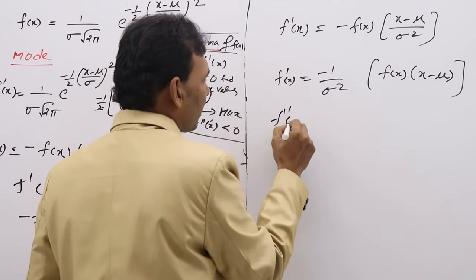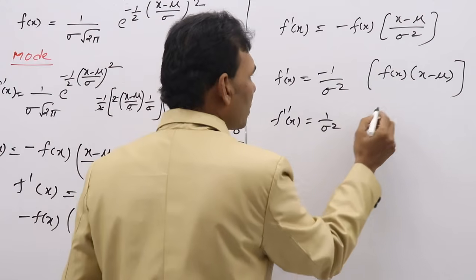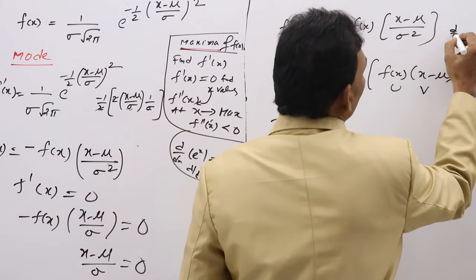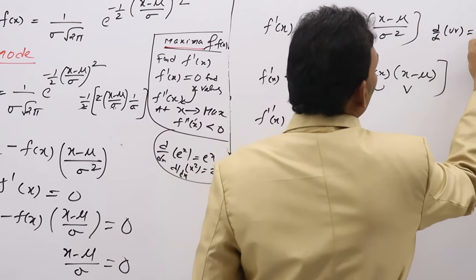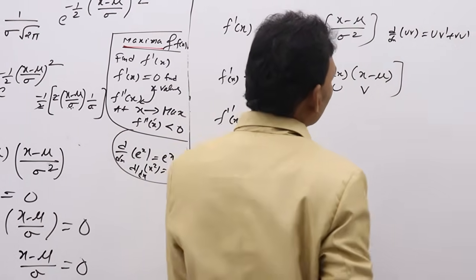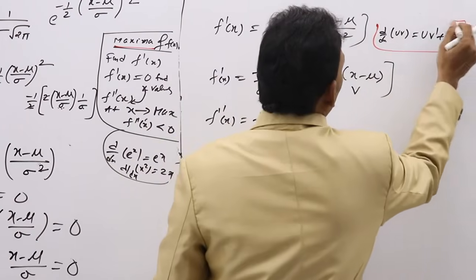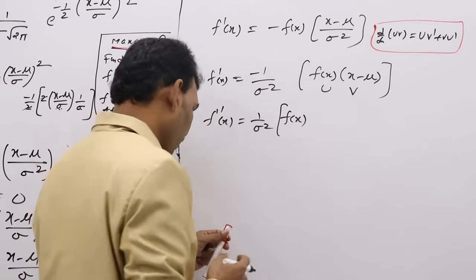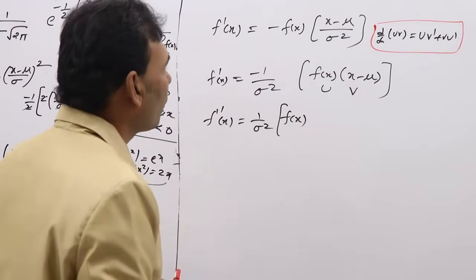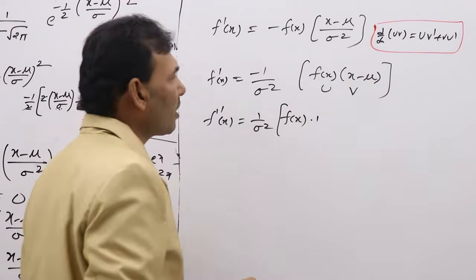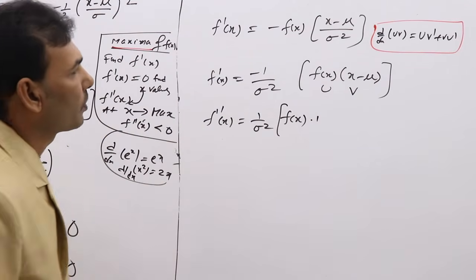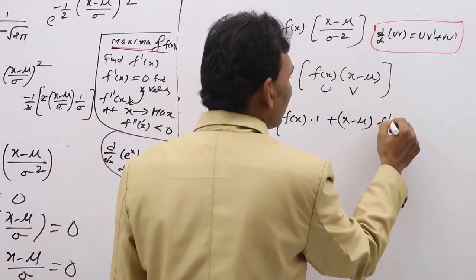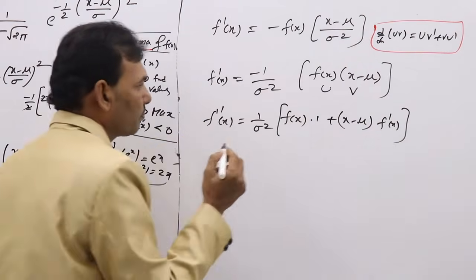F double dash of x, 1 by sigma square, treating this one as uv, you know d by dx of uv is uv dash plus vu dash. Using that, what can we write? F of x into the differentiation of x minus mu, which is 1, plus x minus mu into the differentiation of f of x, f dash of x.